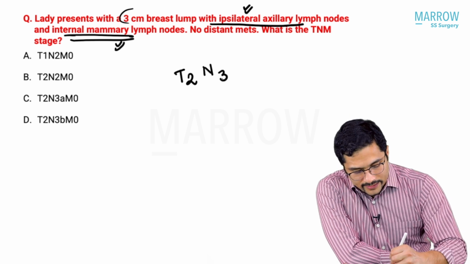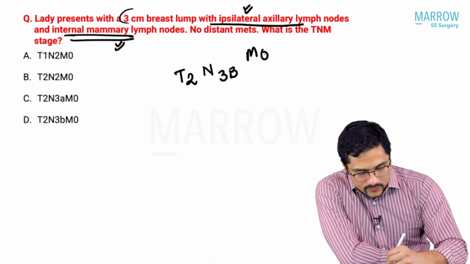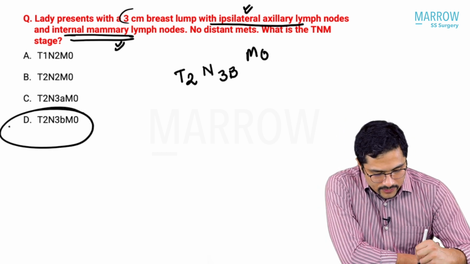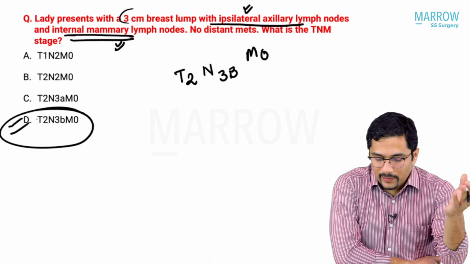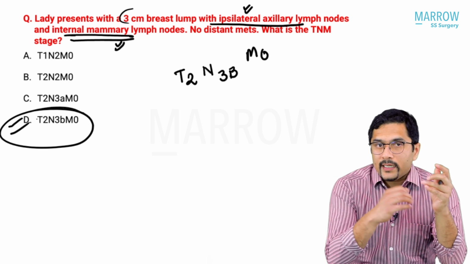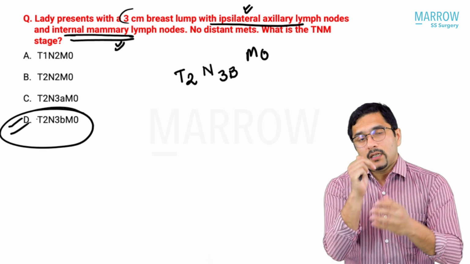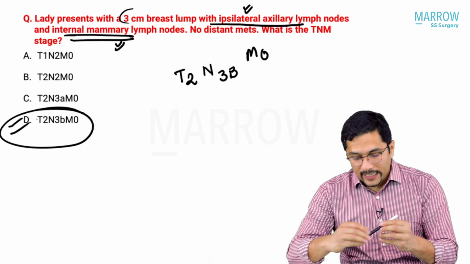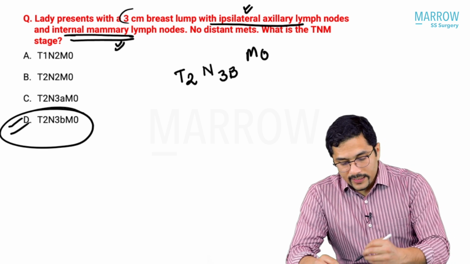So, this is going to be N3B. And M is 0. So, T2, N3B, M0 is the answer. If the question was only internal mammary but no axillary, then it would have been T2, N2B, M0. But here, because both axillary and internal mammary nodes are there, it will be N3B.